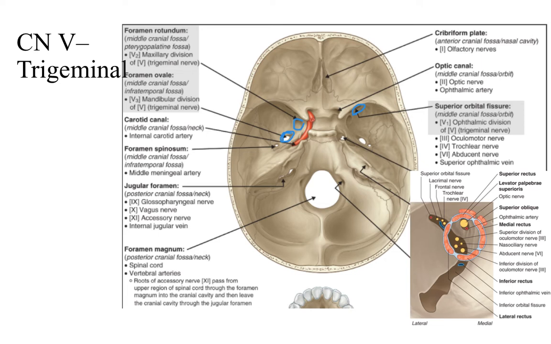And this picture down here is just showing you where the different divisions of the trigeminal nerve are coming through. So here is the one branch coming out of the superior orbital fissure, and the exit holes for the other 2 branches are not shown here.